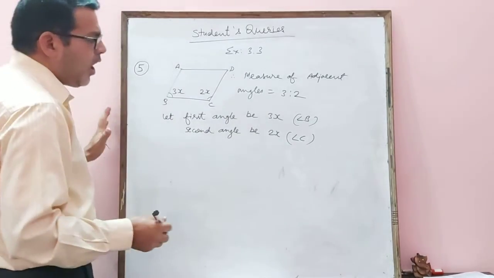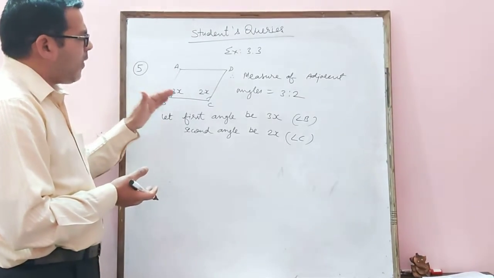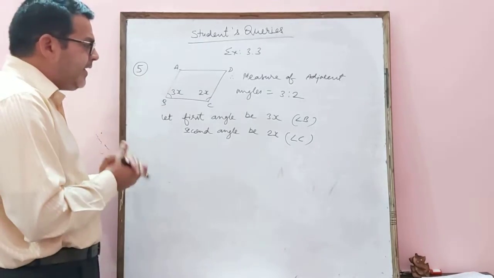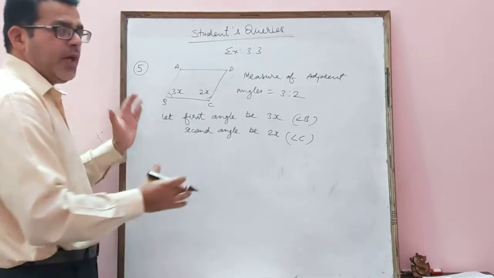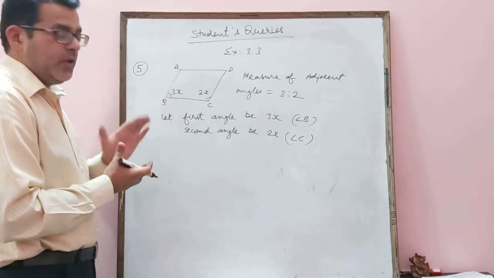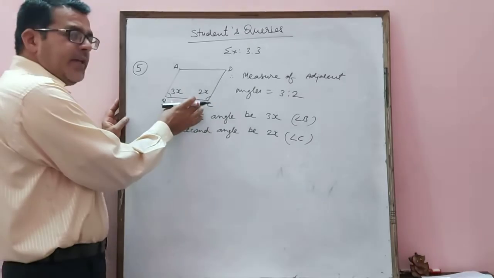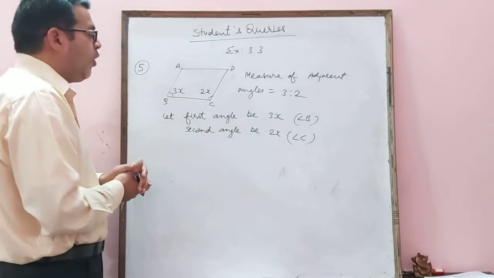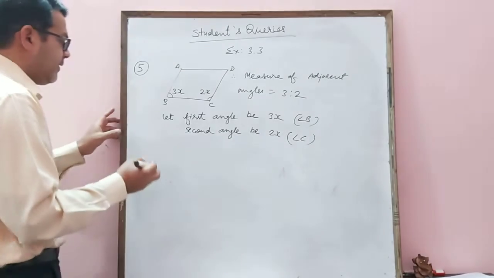Now we know that the sum of adjacent interior angles equals 180. They are supplementary. We have already discussed this property of a parallelogram. The sum of two adjacent interior angles always equals 180.